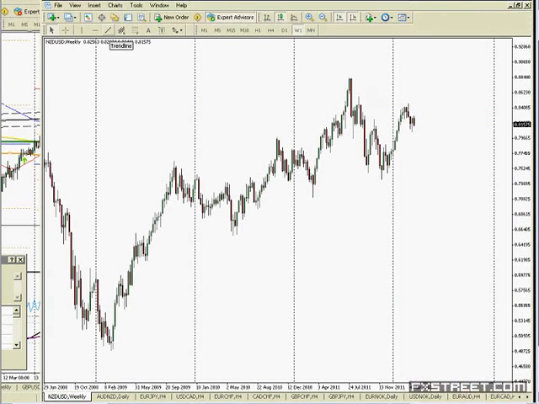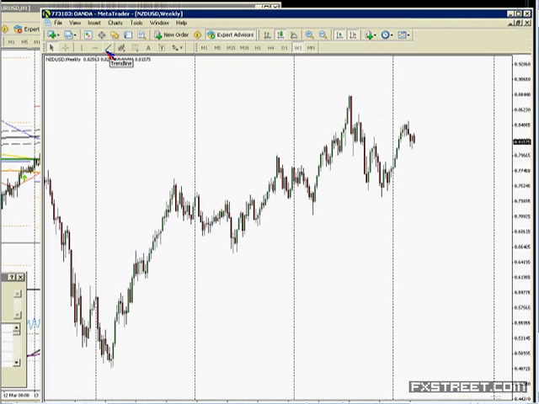And initially, the first approach would be to identify horizontal support and resistance levels. Okay, I give more importance to the horizontal ones because a horizontal support and resistance level is tied to a price or to a price range, while a dynamic one, an upwards or downwards sloping resistance or support level, is one made of many price points, so to say.